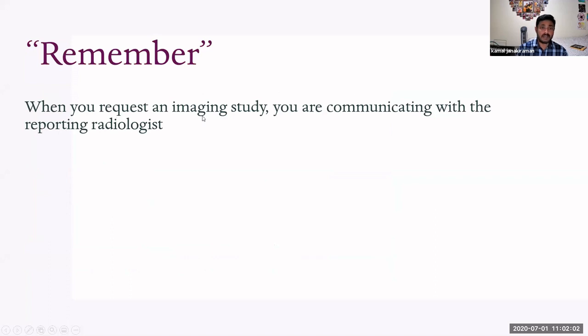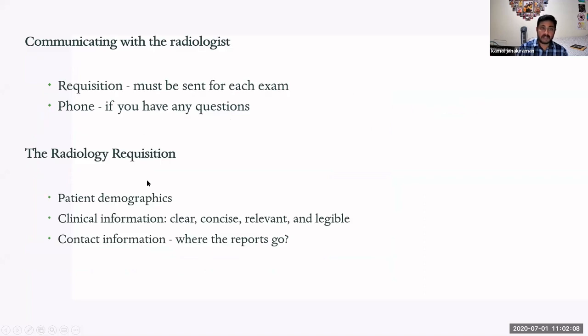Remember, when you request an imaging study, you are communicating with the reporting radiologist. When you're communicating with the radiologist, a requisition must be sent for each exam. And if you have any question, you can phone them. And the radiology requisitions should have patient demographics, clinical information, and the contact information.